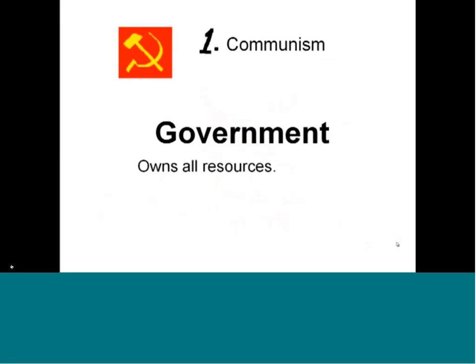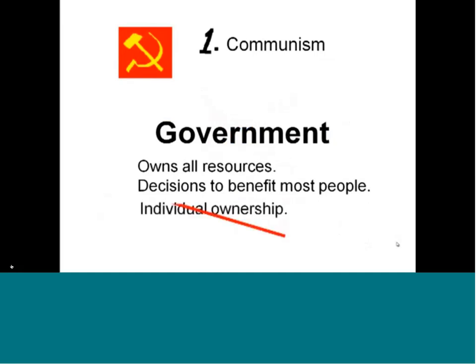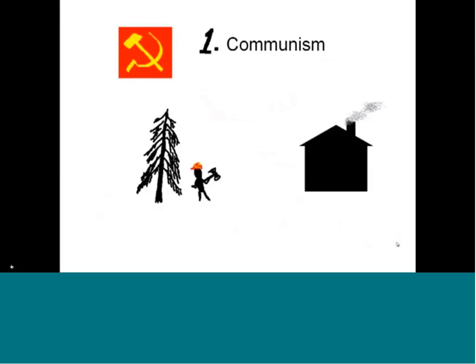Government under communism owns all the resources and makes decisions that hopefully are going to benefit the most people within society. No individual ownership. It's about what's good for all of society, not necessarily what's good for the individual. So an example, suppose it's the middle of winter and you've got a tree out in your backyard and you need firewood.